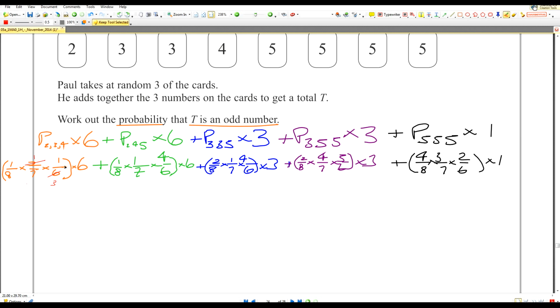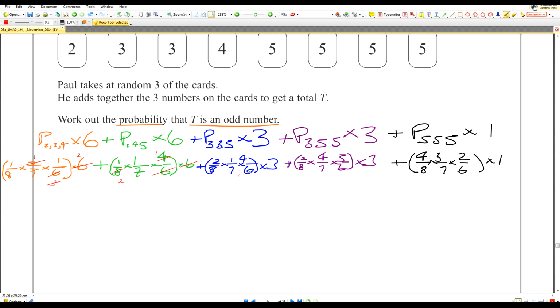Okay, so we got all 1s on the top and a 6 over here and a 3. We can even cancel this 3 as well. Just because of this 3, divide that by 3, divide that by 3. That'll give you 2 there. Here we go. Divide that by 6, divide that by 6, divide that by 4, divide that by 4. Okay, lovely.